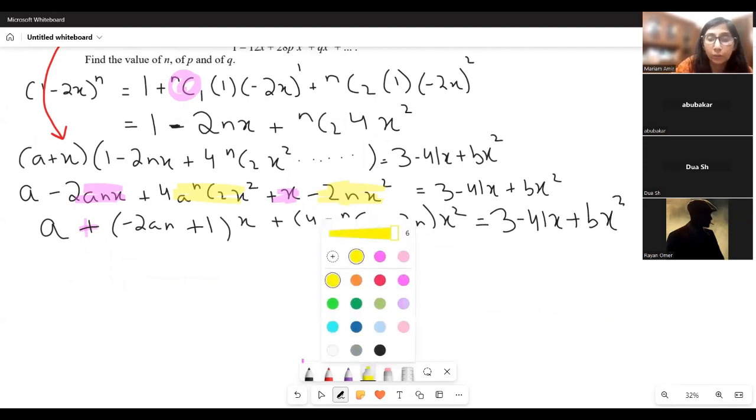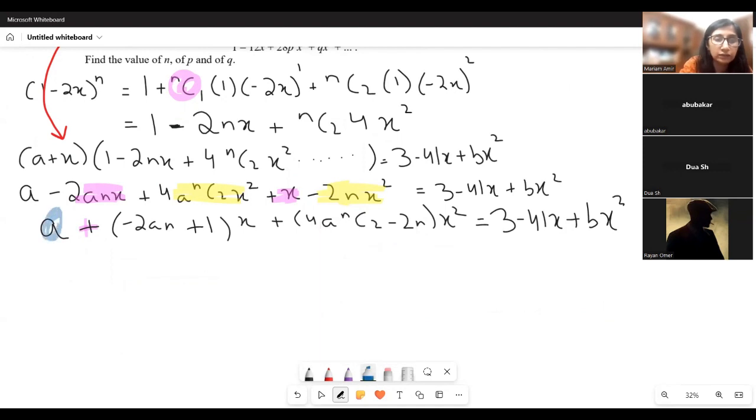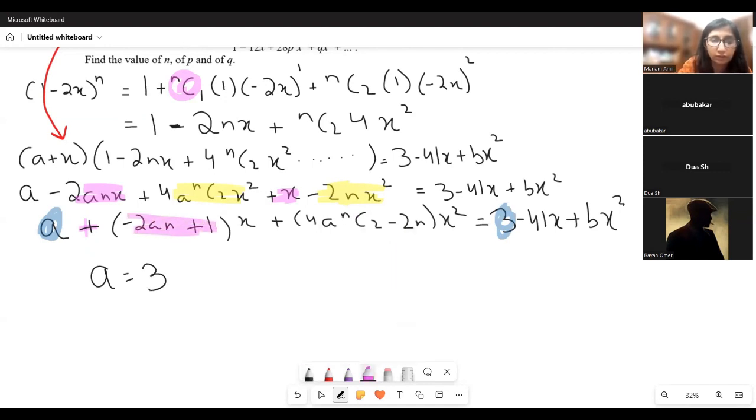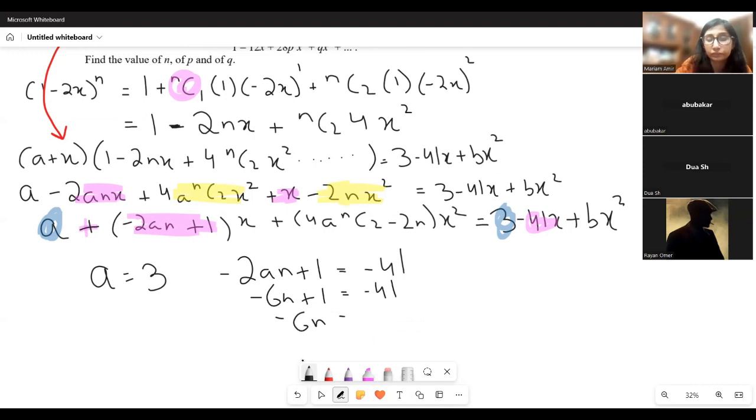Equate these. A is equals to 3. So we have the value of a. Now equate these. So minus 2an plus 1 equals minus 41. A is 3, so minus 6n plus 1 equals minus 41. That's going to be minus 6n equals minus 42.